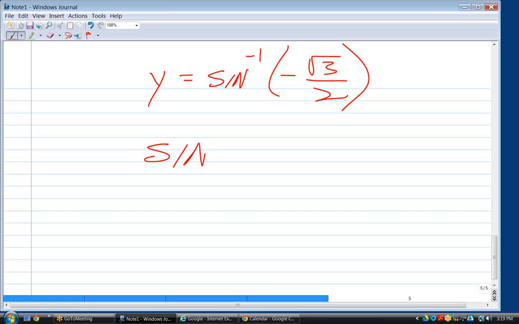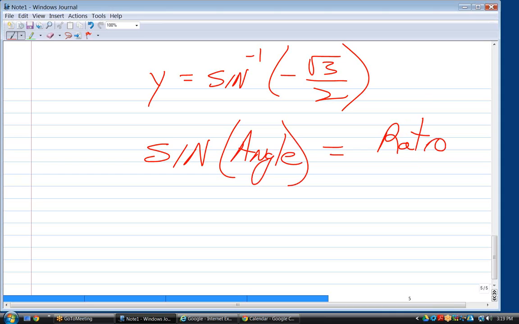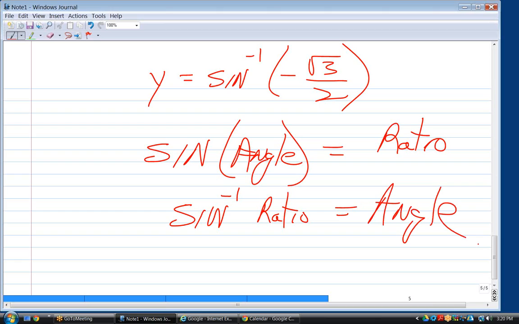If we take the sine of an angle and we get a ratio, in other words, if you take the sine of, say, 30 degrees, you get 1/2, that is true if and only if the inverse sine of the ratio is equal to the angle.